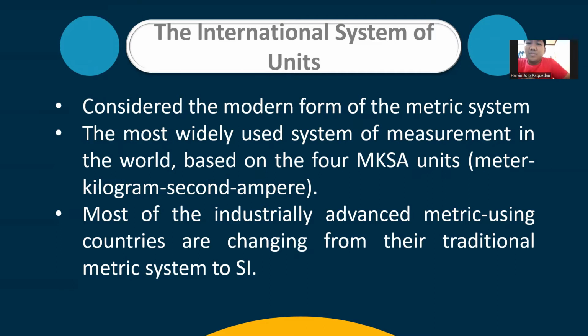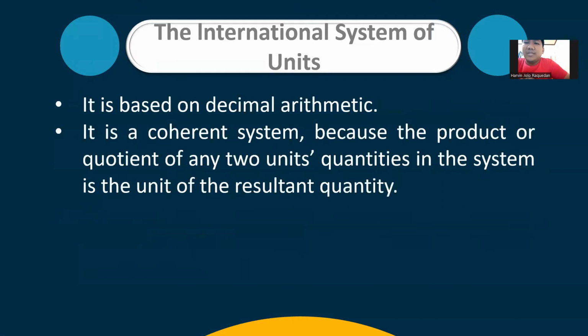Most of the industrially advanced metric-using countries are changing from their traditional metric system to SI. The International System of Units, or SI, is based on decimal arithmetic. The SI is like the traditional metric system.